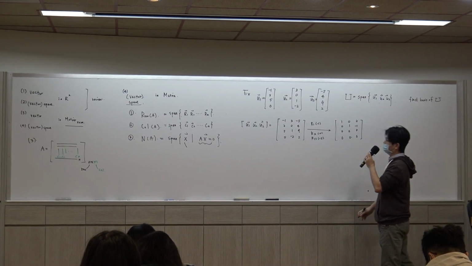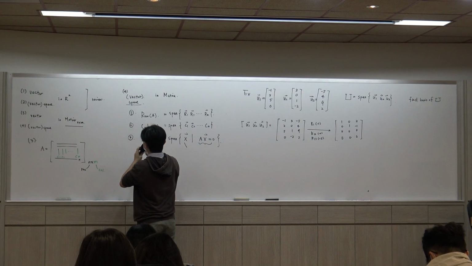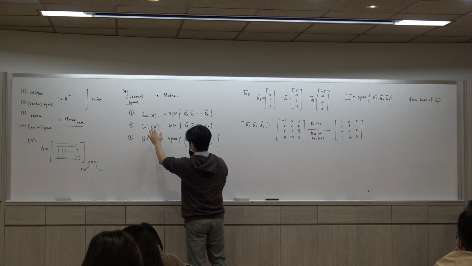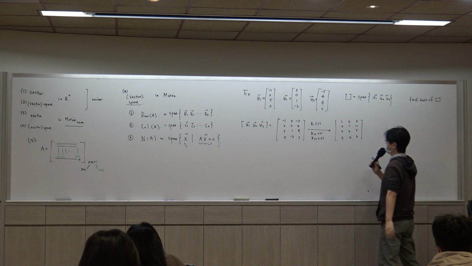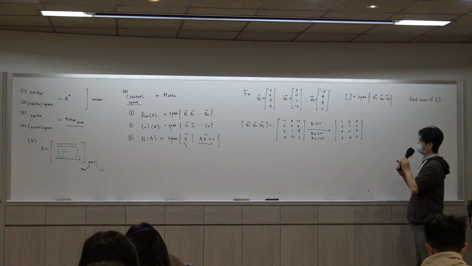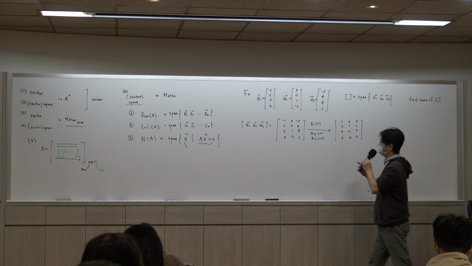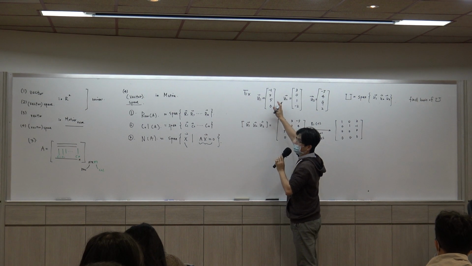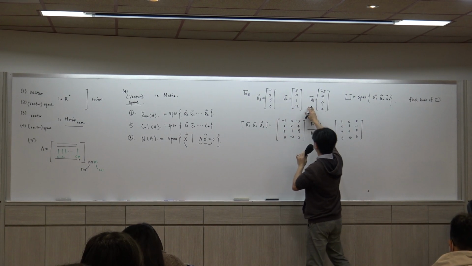Okay. Before we calculate the row space, column space, and null space, we can use this example to learn more unique properties of the matrix. Okay. In the example, we have three column vectors, U1, U2, U3.